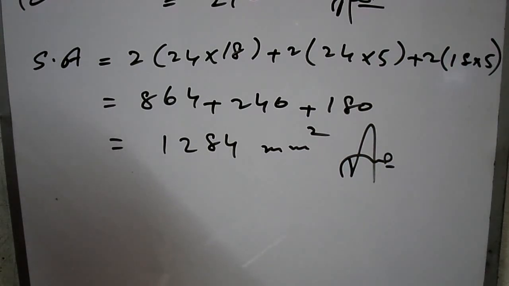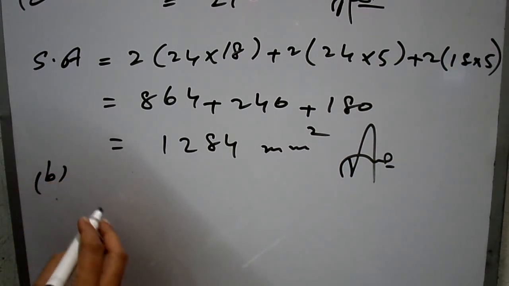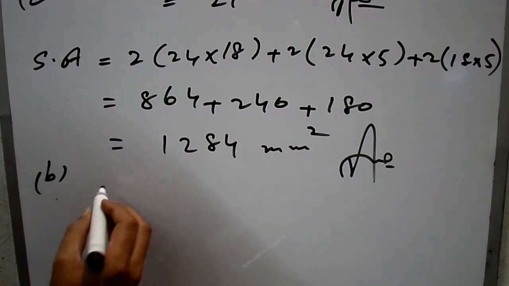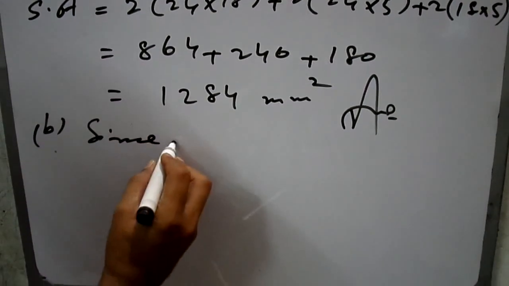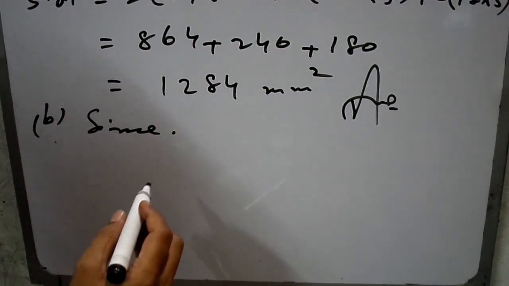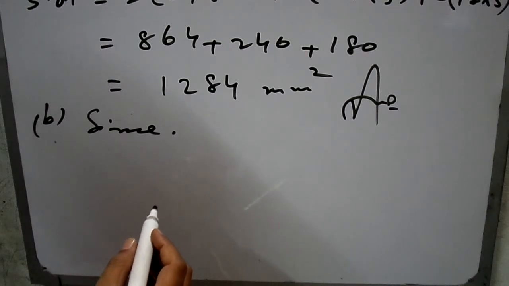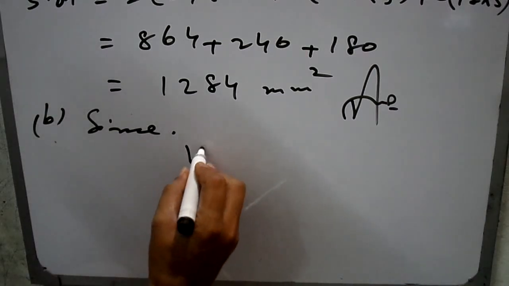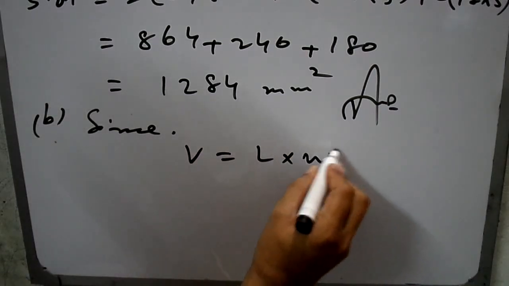Now similarly in B part, the length, width and area are given to us, we have to find the height of the cuboid. Since we have the formula, volume V is equal to length into width into height.